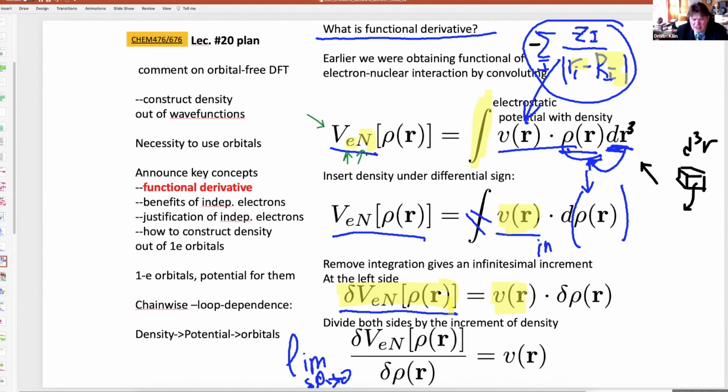If we get training in the basics of quantum theory, any energy is expressed as a matrix element of an operator, like the Hamiltonian or any other operator, and the wave function, right? And here, for some reason, I do not see a wave function, but I see a density instead.